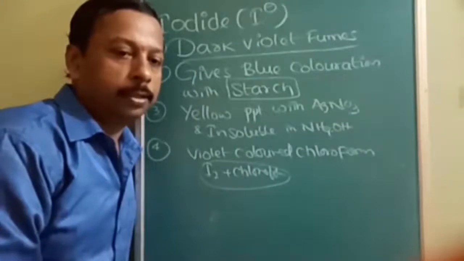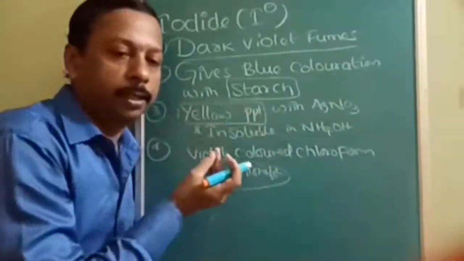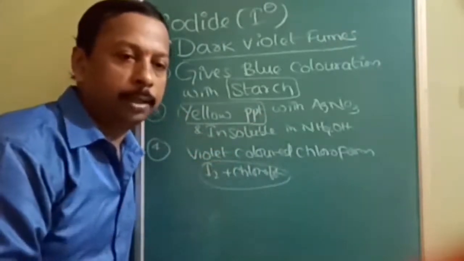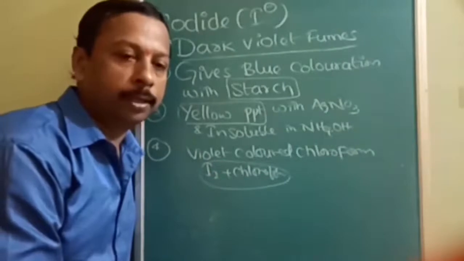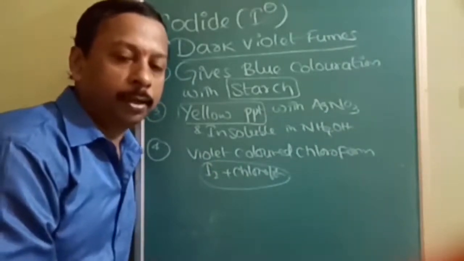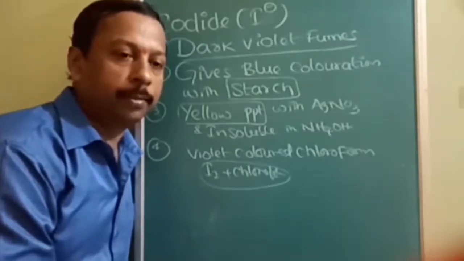Next, yellow precipitate. Three colors: white color, light yellow, and yellow color. White color means it is Cl minus, light yellow means Br minus, and complete yellow means I minus with AgNO3. So they are all similar colors. Light yellow and white color are very similar.